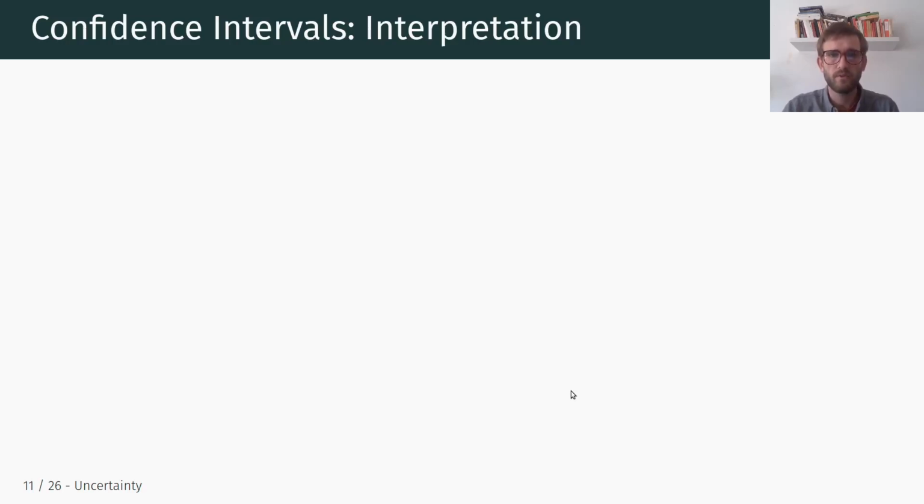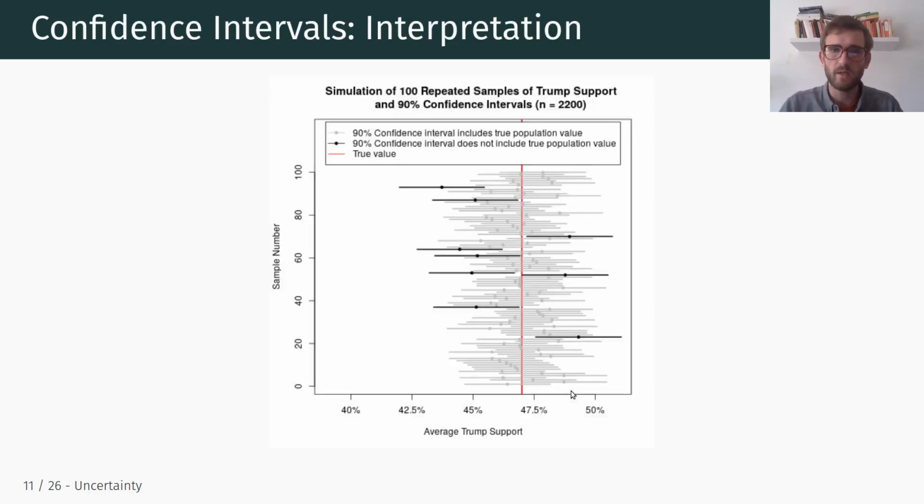To further drive home that point, which seems a little bit tricky to wrap your head around, it's important to keep in mind that these are always statements about repeated sampling and distributions over repeated samplings, and not about one specific sample, right?